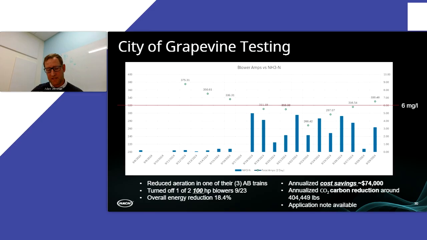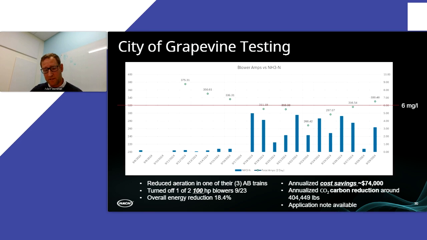They have multiple trains in their system. So they put this analyzer on one of their trains and started doing some testing on basically a third of their facility. They found that the online data was coming back consistent and good and matching their lab. So they started making changes to their process to see if they could save some energy costs. They started lowering the amperage on some of their blowers in a manual action.